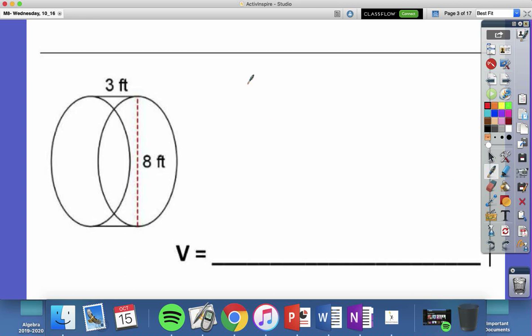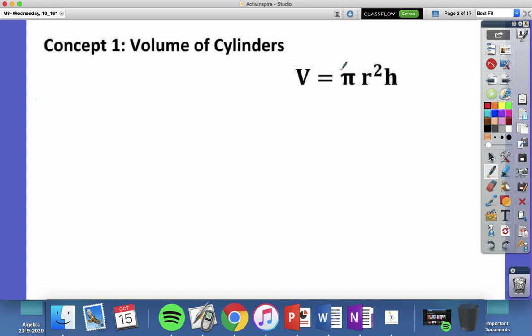So I know my radius here is really 4 because it's half of the diameter. The other side is the height, so the height is 3. Our formula was pi times r squared times h.